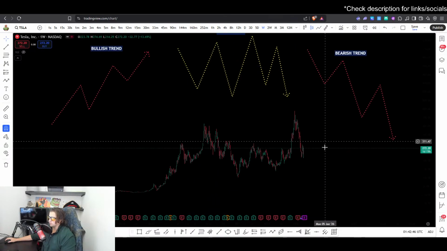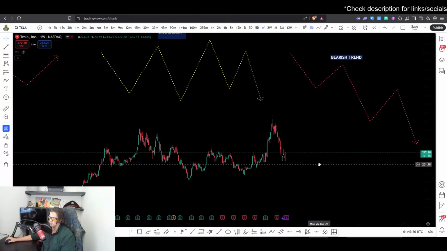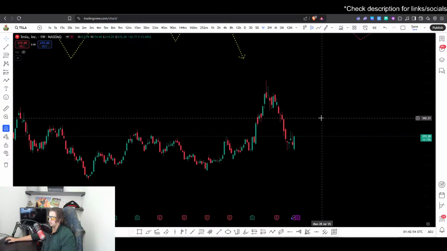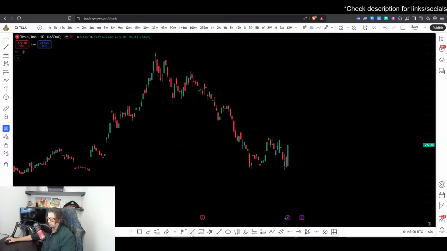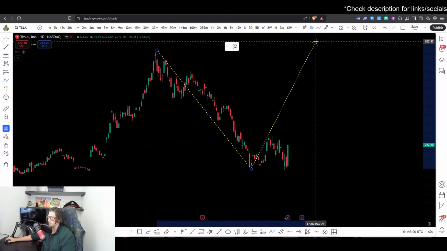So for instance, what could be happening right here on Tesla is, it depends on how long we stay down here, but a lot of times markets don't go just like this, where it goes down and then comes all the way back up again.